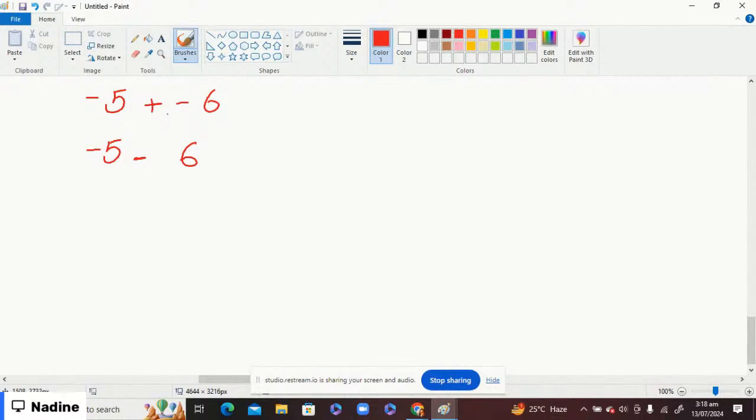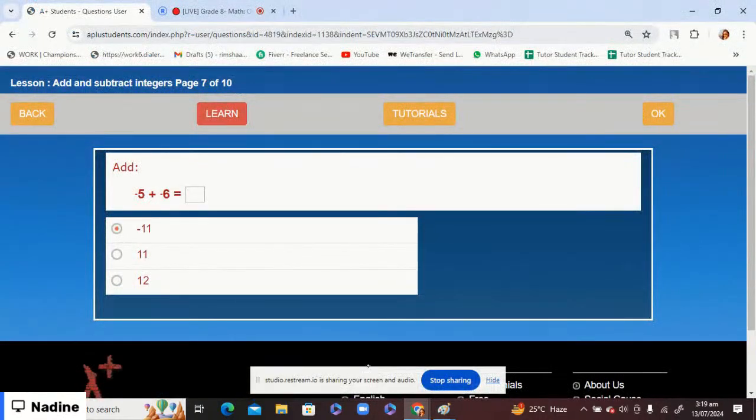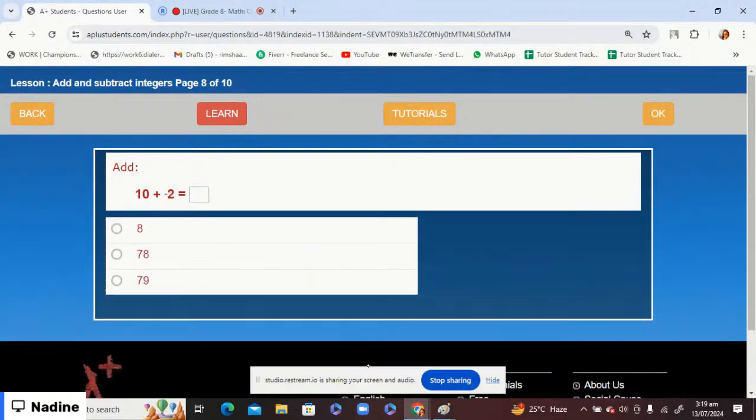Okay, so 5 plus 6 is 11, but which sign do you put with it? The sign of the greatest number. So what is the greater number here, 5 or 6? 6 is the greater number, and with the 6 it's a negative sign. So here we put negative 11. Okay, and this is the right answer.